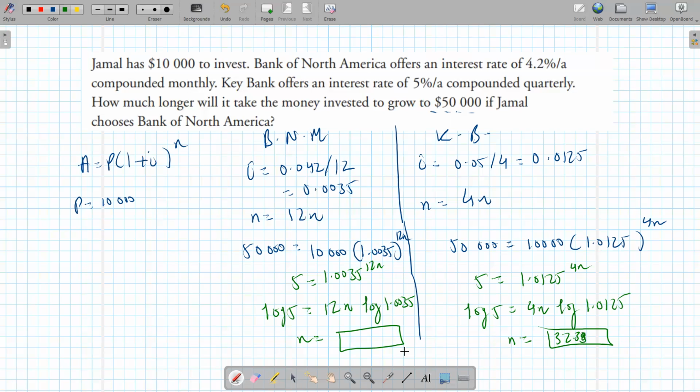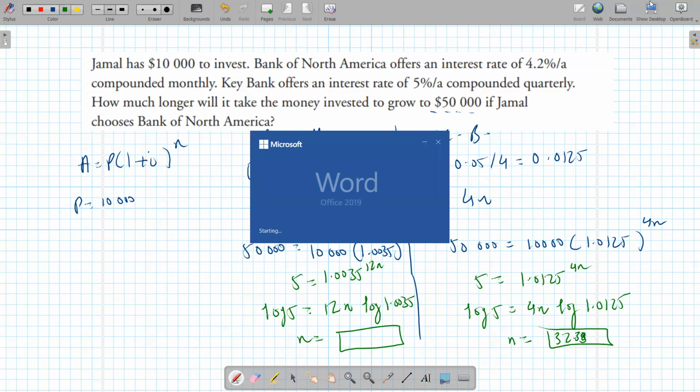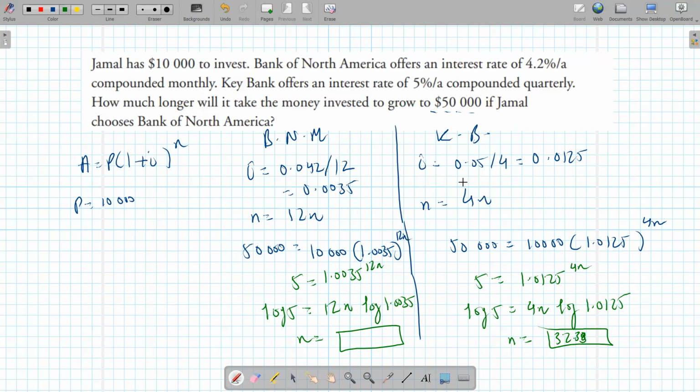What about the one on the right? 38.38. So what's going to be the final answer to this question?